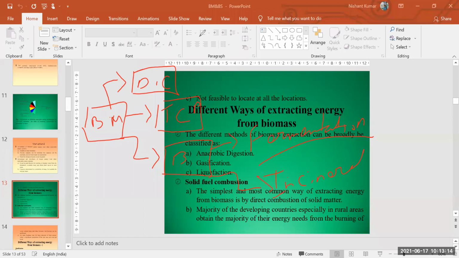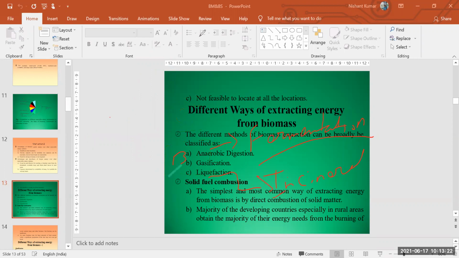These processes come into this. In this, the use of microorganisms in the presence of oxygen and in absence of oxygen is being done in these two processes, so that comes into this particular part. So biogas can be converted in this manner. A few of them are listed in this particular thing, that is anaerobic digestion and gasification and liquefaction. We can convert into gas form, into liquid form.